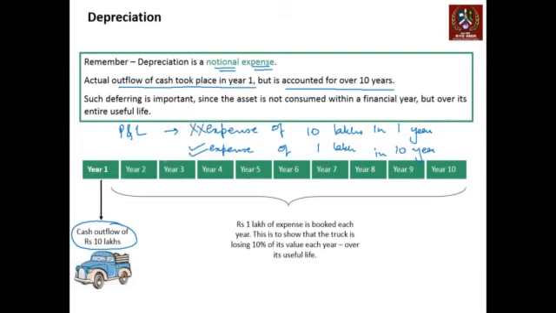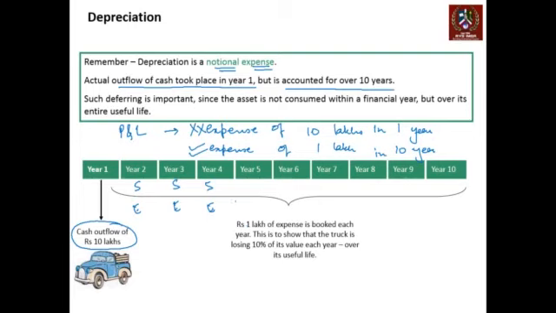So you use the booking of an expense of 1 lakh over 10 years, because that's the useful life over which the truck will generate revenue for you. It will generate sales, expenses, sales, expenses over this period. Hence, it is important to account for the truck over its useful life.